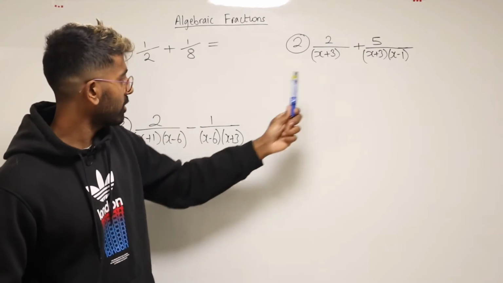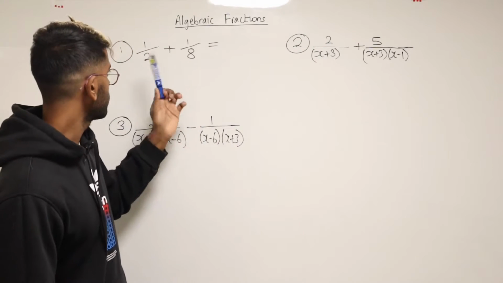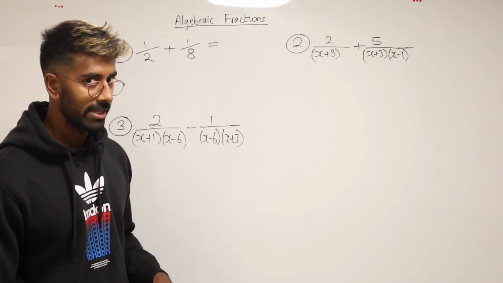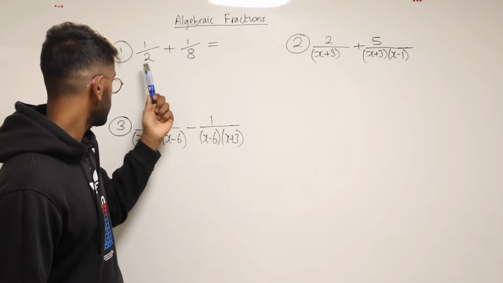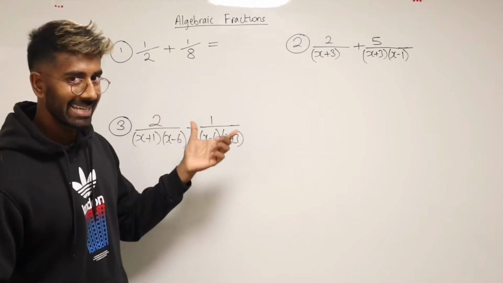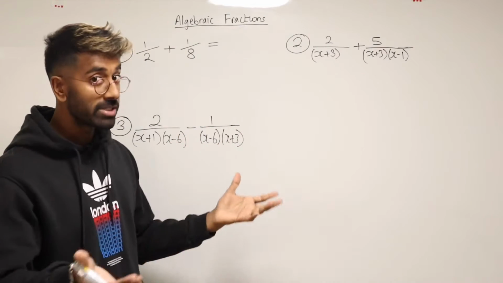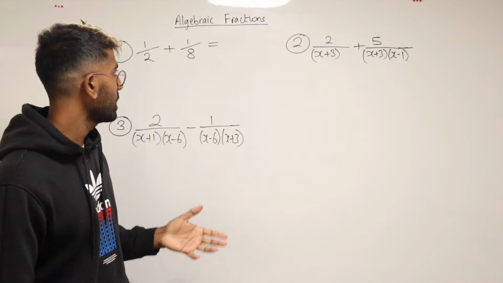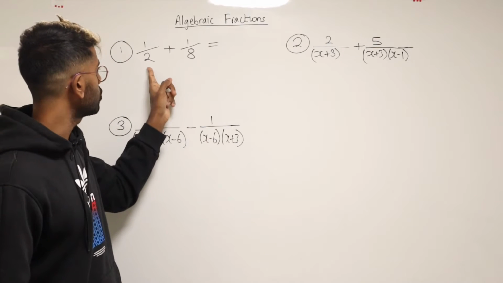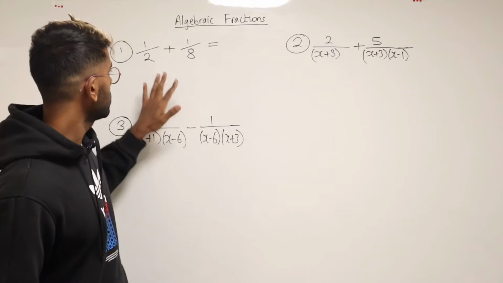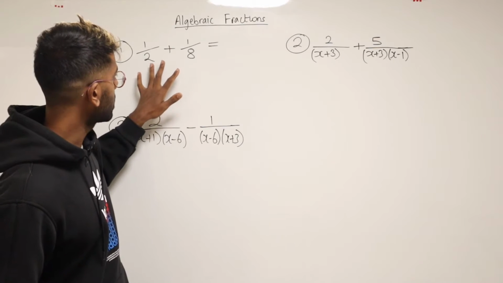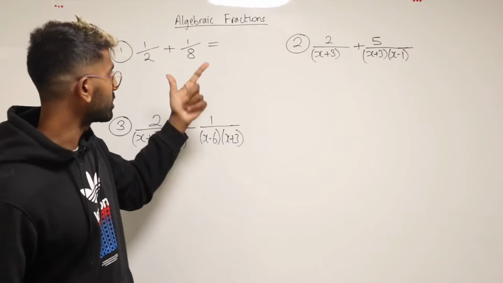But before we actually get cracking with these two, I just want to have a look at this addition over here. The reason being is because the denominators this time, we've got 2 and 8. And so to find a common denominator, we could use 16 as we did before. However, because 2 is a factor of 8, we can actually just multiply the 2 by 4 to give us 8.